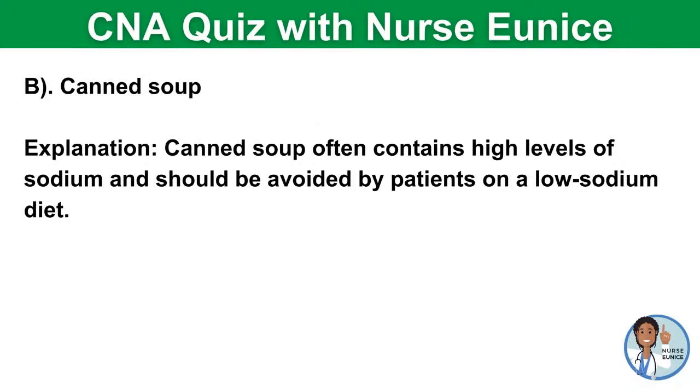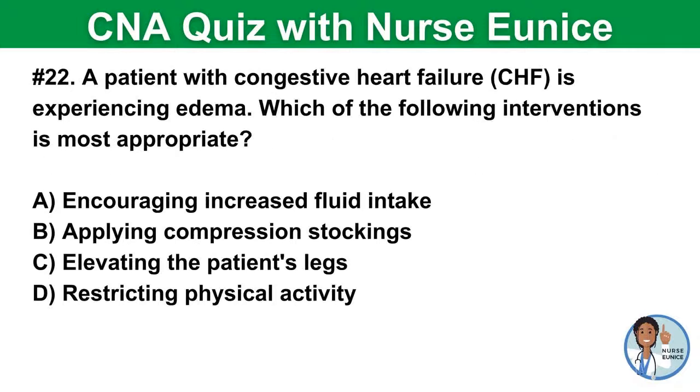So they usually cannot have any processed foods or canned foods. Canned fruit would be different because usually it's going to have sugar. So your diabetics can't have canned fruit, but you would definitely not want to give them canned soup. Anything like oodles or noodles is going to make their condition worse.